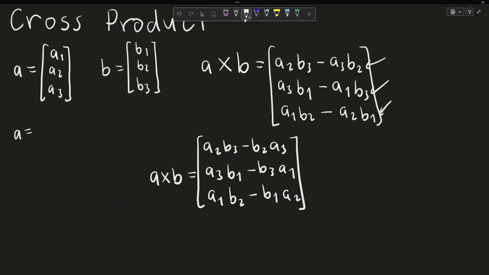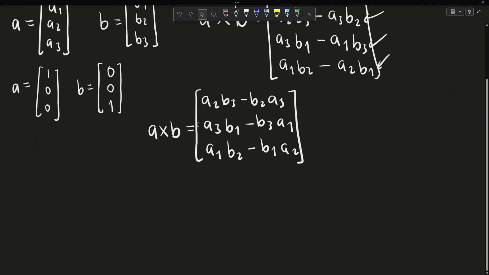Let's say A is equal to 1, 0, 0. Let's say B is equal to 0, 0, 1. When we take the cross product of these two vectors, we'll obtain A cross B. A cross B is equal to A2 times B3, which is 0, minus B2 times A3, which is 0.